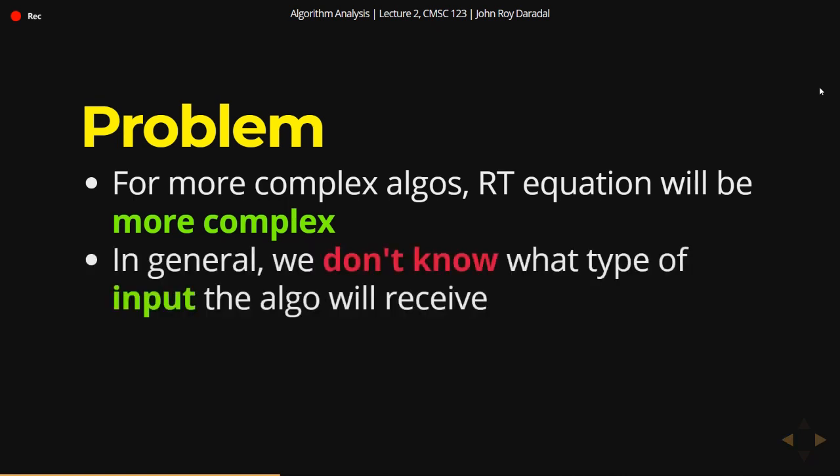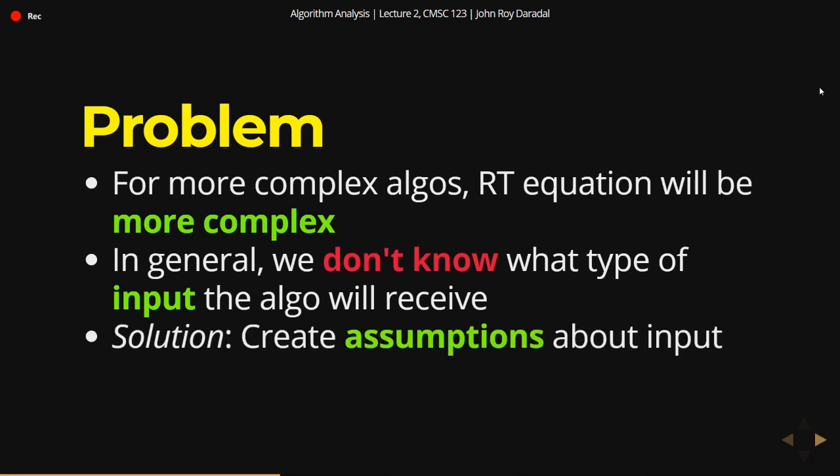And in general, we really don't know what type of input the algorithm will receive. Will it have a lot of A's? Will it have only a few A's? We don't know. So our solution would be to create assumptions about the input, so that we don't have to guess.